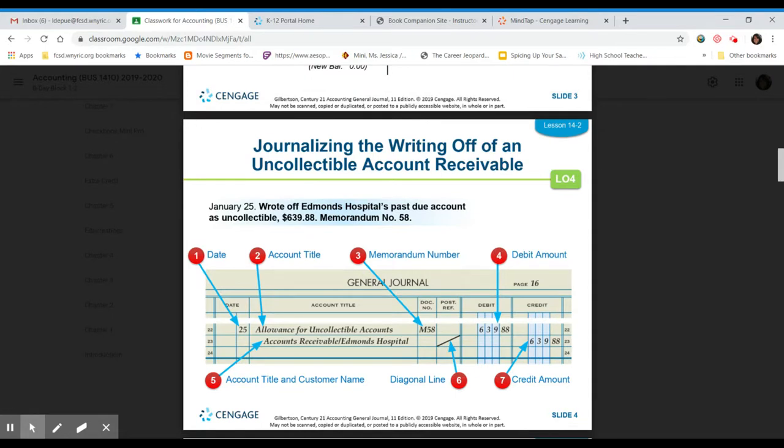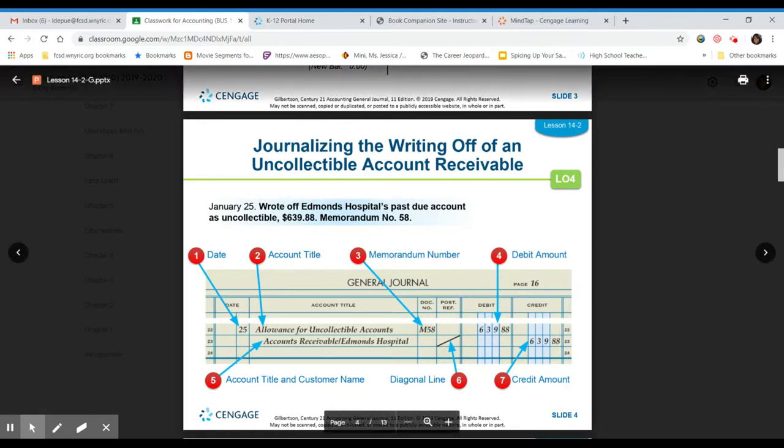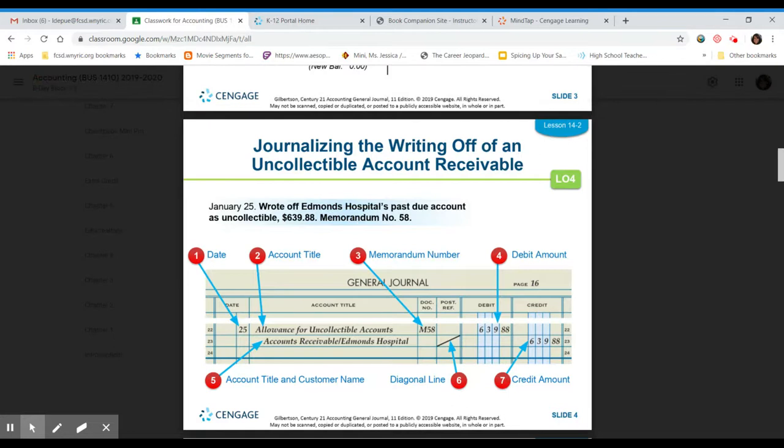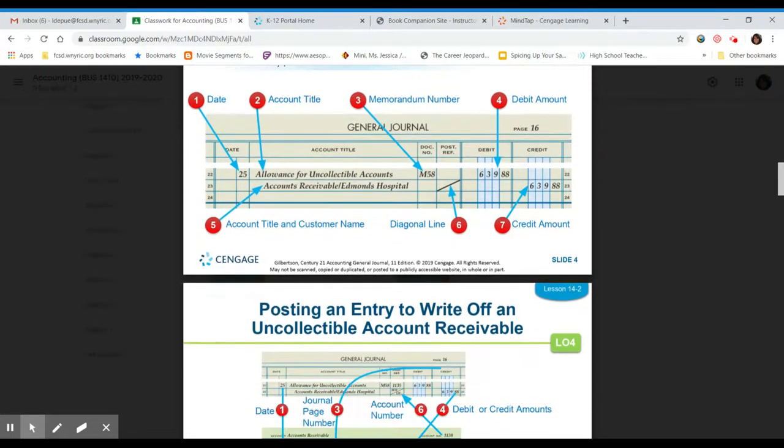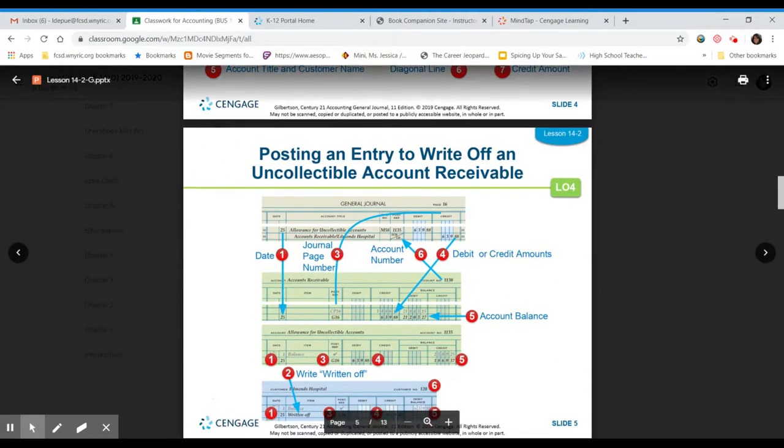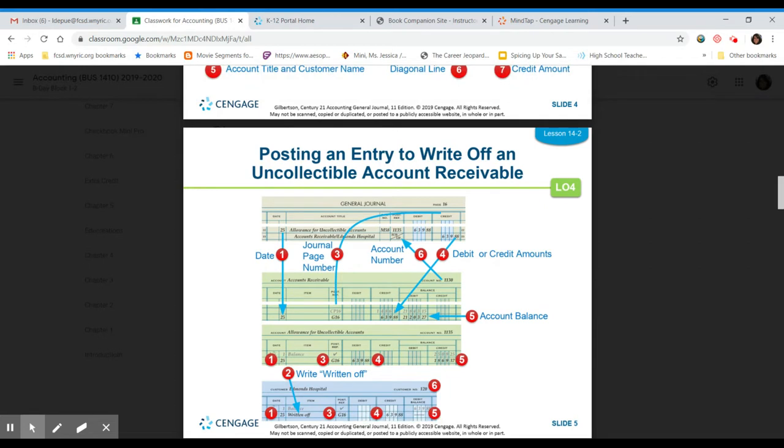And remember that dash here means we are really using two accounts, the basic accounts receivable account, the general ledger account, and the name of the person who owed us that debt, which was Edmonds Hospital. So in the general journal, we have one debit and one credit. Again, they must equal. When we go to post this, remember that we post each line of the general journal. So we first post it to the allowance for uncollectible accounts for the $639.88.